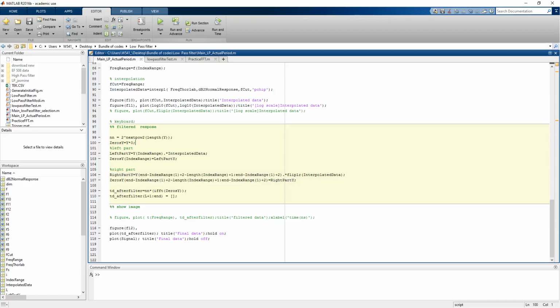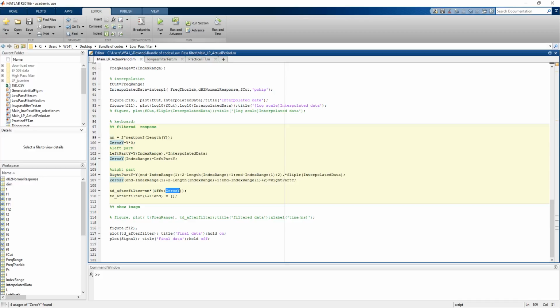First you define an all-zeros y, that means a zero matrix, and you put in the frequency portion of the data which the low pass filter will allow, both the left side and the right side. So this zeros y will have data in some portion of the left side and some portion of the right side, and in the middle will be all zeros.